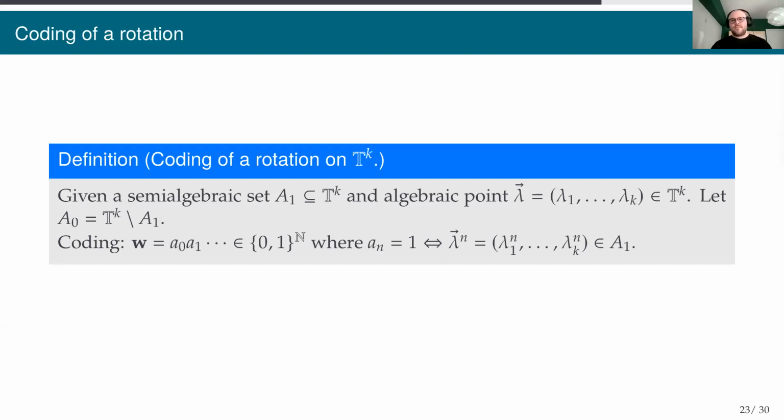By algebraic point, I mean that each of these components is an algebraic number of modulus 1. And just for the sake of completeness, A0 is the complement of A1 on the torus. And now you code this rotation in the natural way, that either you're in this semi-algebraic set A1 or you're not, and this is the characteristic word of that sequence.